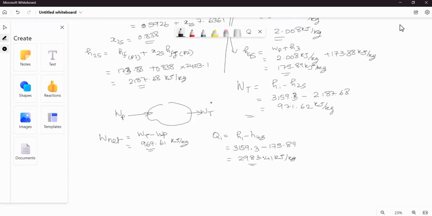So now cycle efficiency. Cycle efficiency is, that is the question, cycle efficiency. Efficiency is W net, net work output, upon heat supply, Q1.